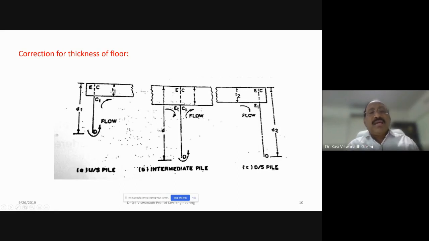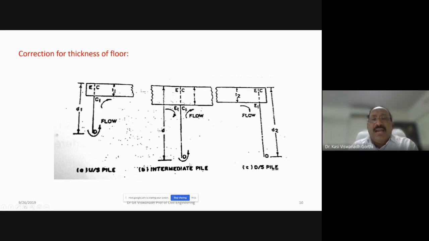So this is what the correction is. T1 is the thickness of the floor, and we are assuming a horizontal floor of negligible thickness, which means we are calculating the pressure only at the top of the floor, but we have to calculate the pressure at the point C1, which is at a depth T1, the thickness of the floor, below the top. This is one correction that we need to apply.